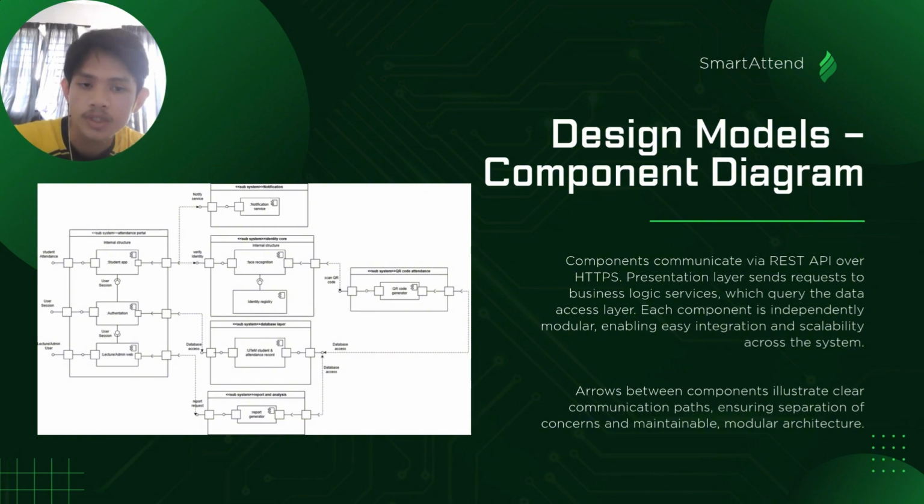These requests are processed by the business logic layer, which handles the system's main functions before accessing the data layer to retrieve or store information in the database. This layered architecture separates responsibilities between components, making the system more secure, scalable, and easy to maintain.